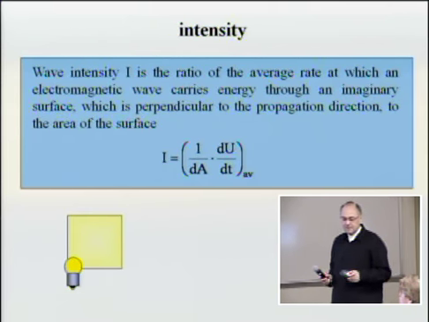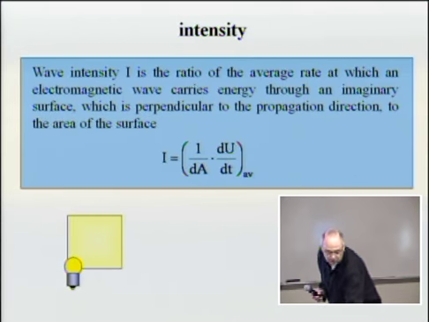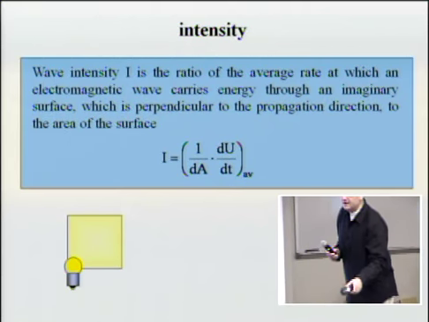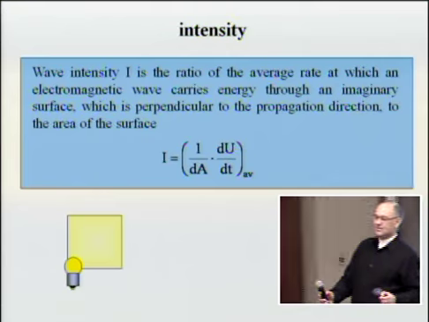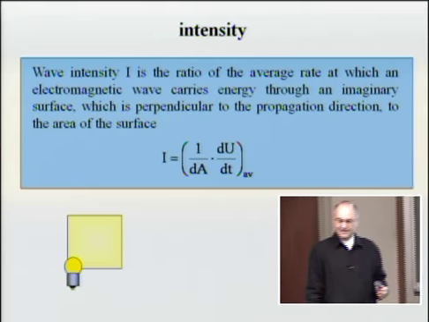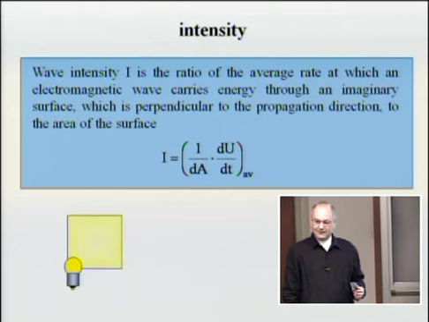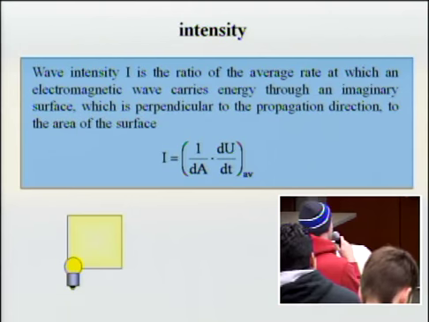All right, so let's say intensity of light on this surface. Adam, are you willing to say it? Okay, let's try it. It's the average rate at which the electromagnetic wave is transferring energy to that imaginary surface.